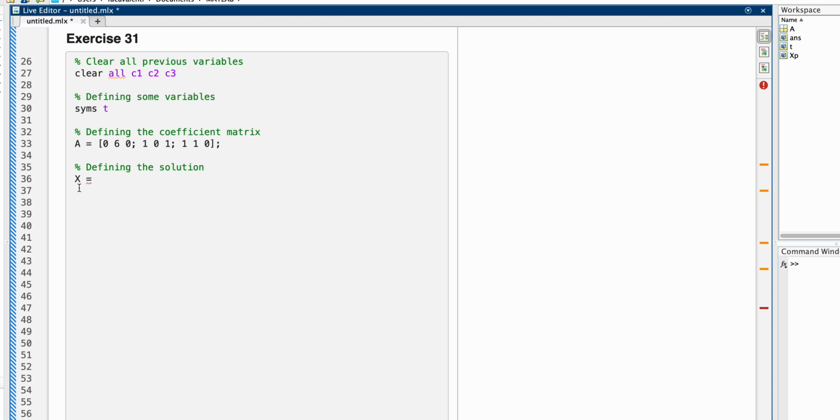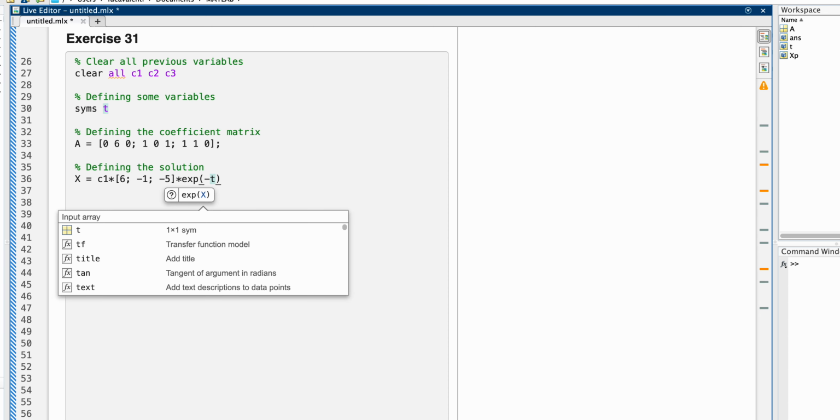solution. So it's C1 multiplied by the vector 6 in the first row, -1 in the second row, and -5 in the third row, and all of that is multiplied by e to the negative t.